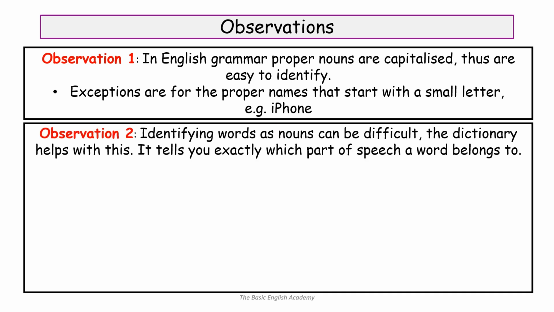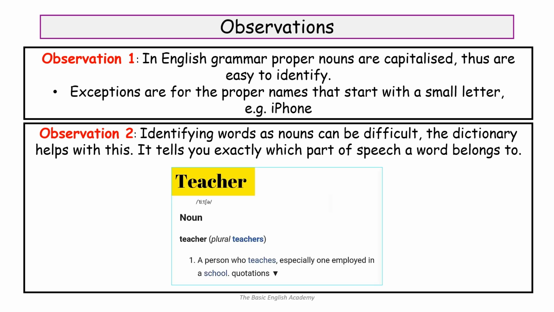For the second observation, identifying words as nouns can be difficult, especially for English language learners. But the dictionary helps you with this. It tells you exactly which part of speech a specific word belongs to. For example, this is a dictionary entry for the word teacher.